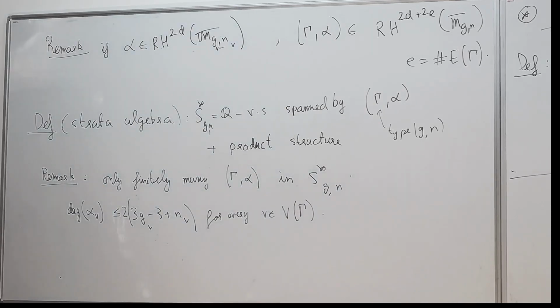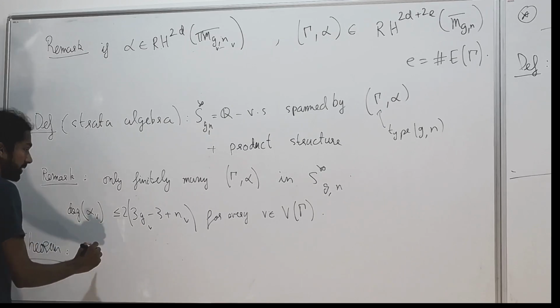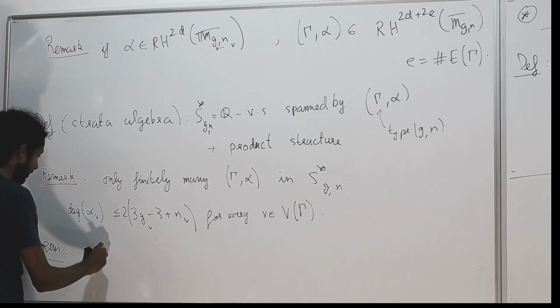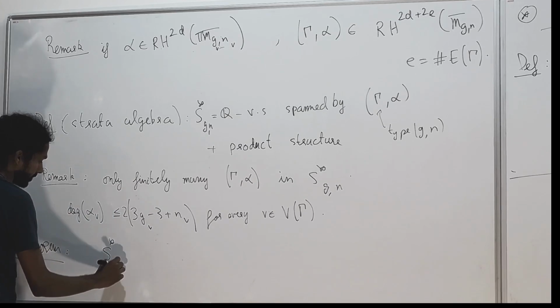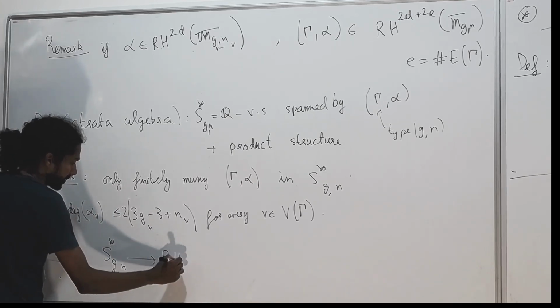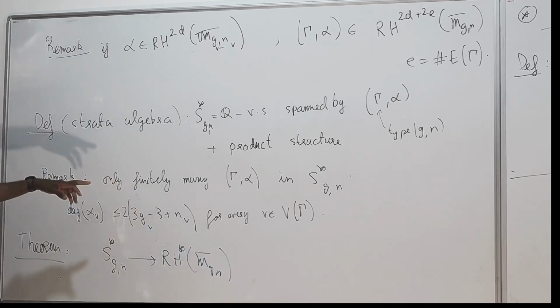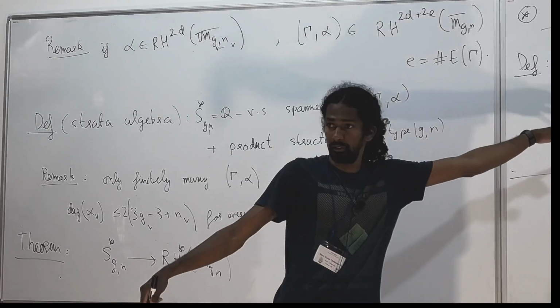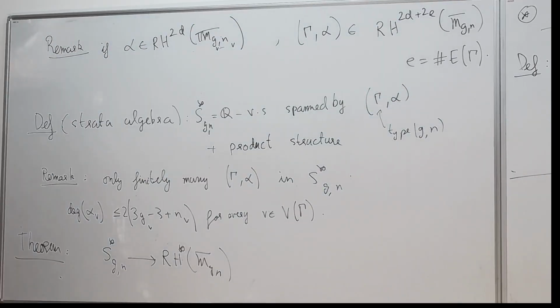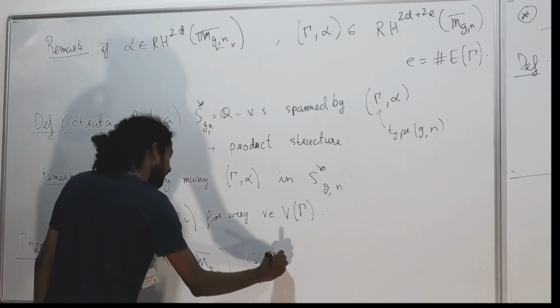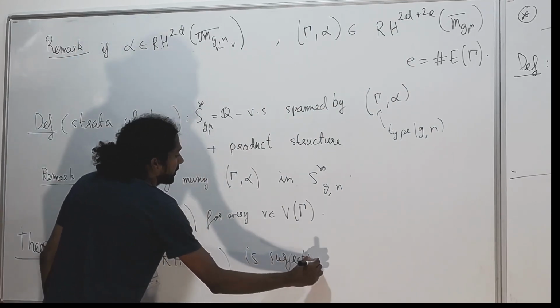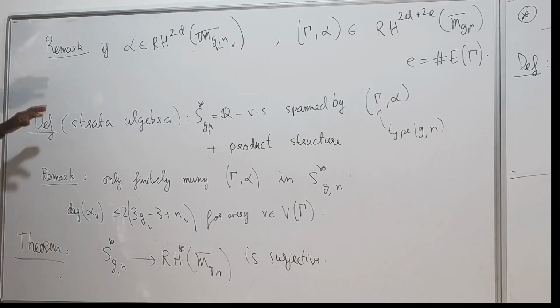All right. Finally, the theorem is that this map from the strata algebra to the cohomology ring, which is just: if you have a decorated stratum, then by this prescription view it as something in the cohomology ring, is surjective. In less fancy words, it just means that these decorated strata give you a basis for the cohomology ring.